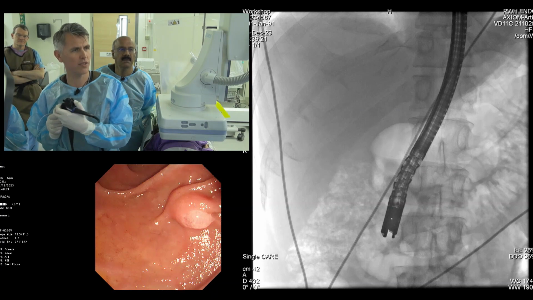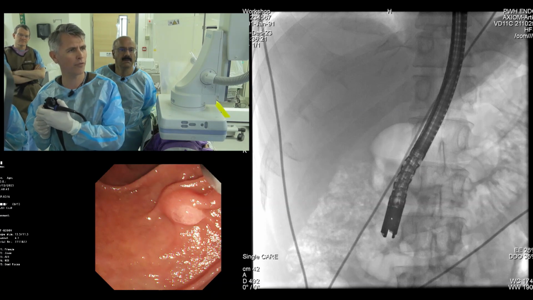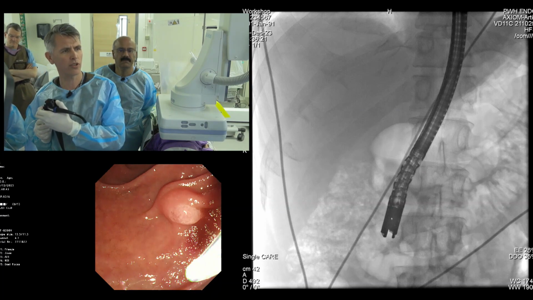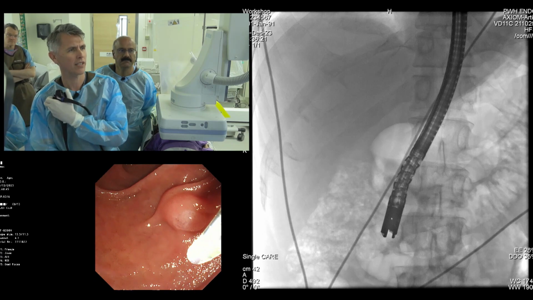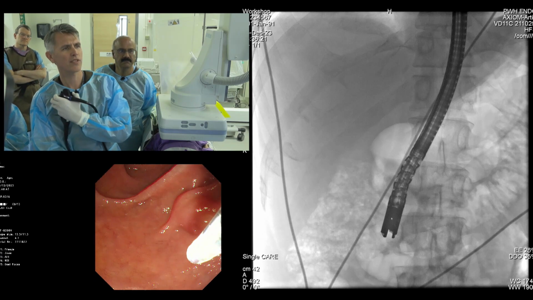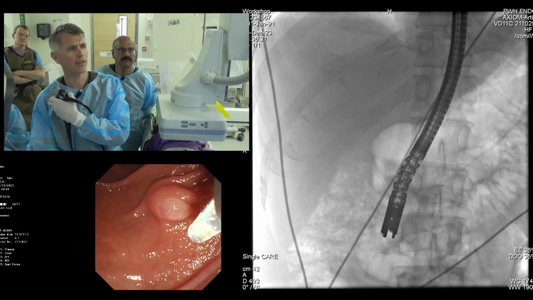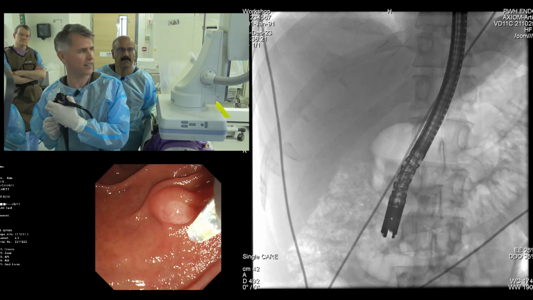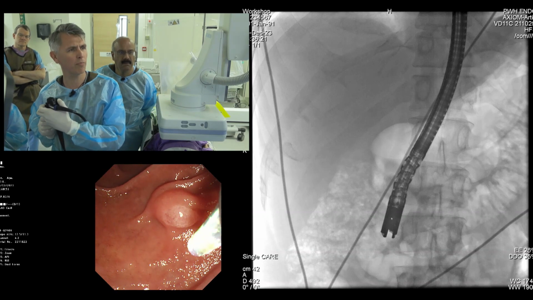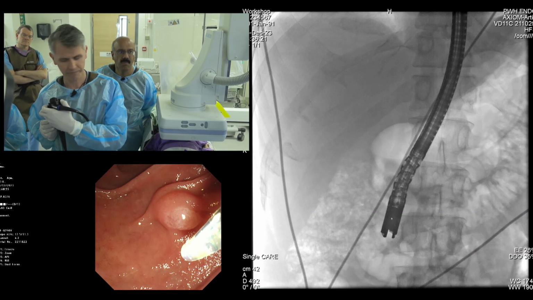So we have chosen a combination of the Olympus Clever Cut sphincterotome together with a straight 0.025 Visiglide guide wire with a straight tip and hydrophilic coating.